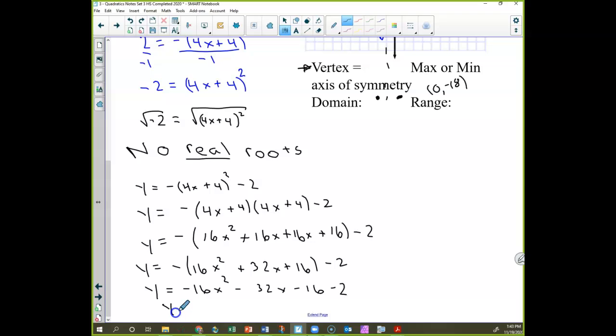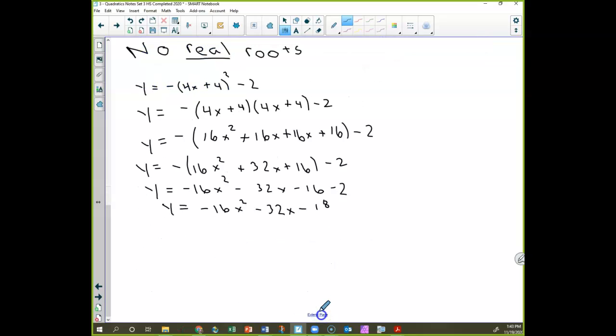So our standard form would be y equals negative 16x squared minus 32x minus 18. Now, we've been working for 5 weeks to deal with expressions like what we end up with here. We call it a polynomial.